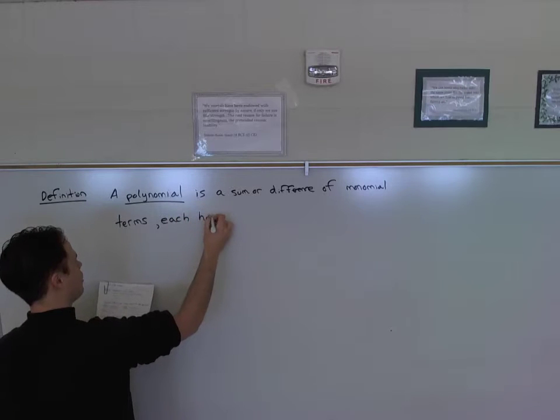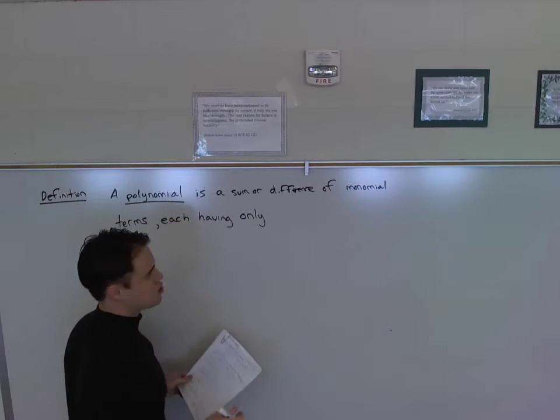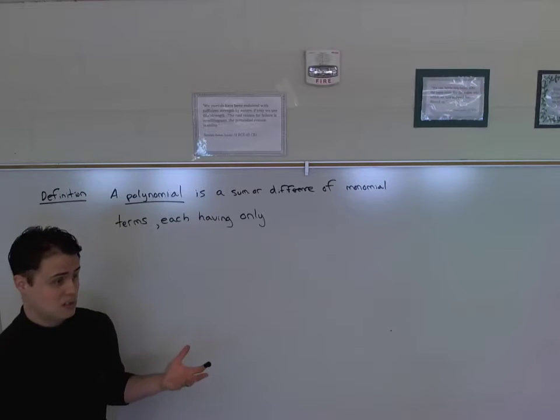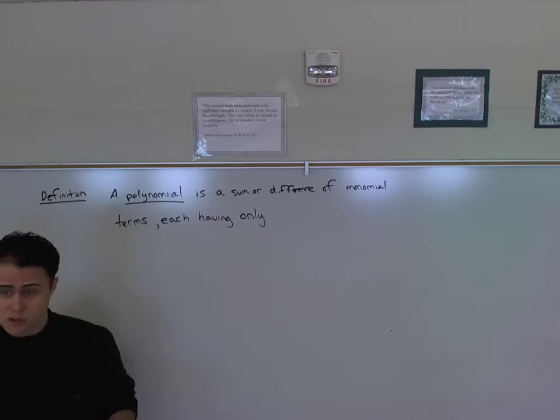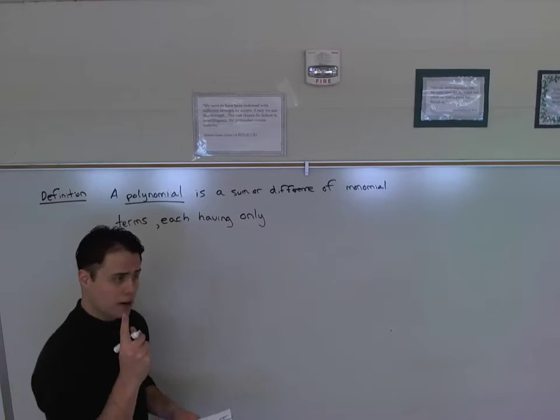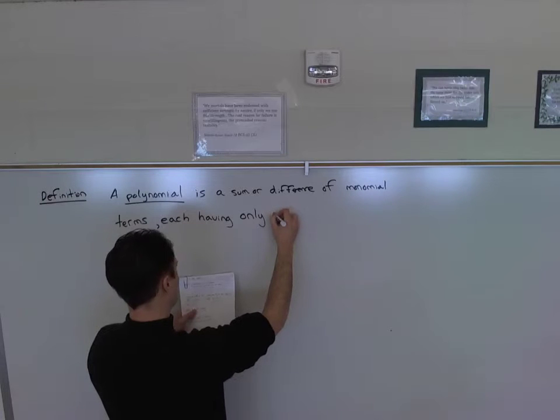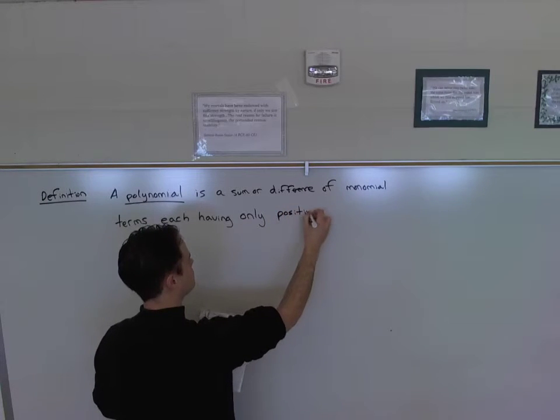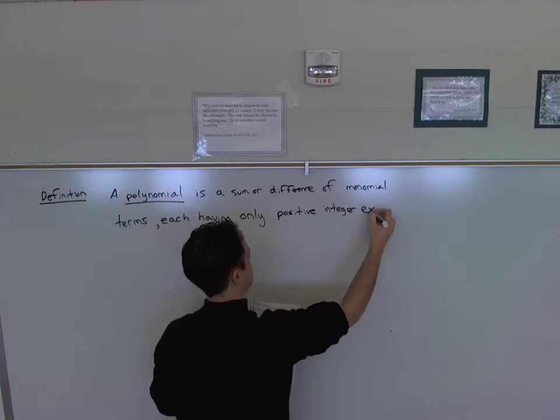Each having only, so a monomial is like a term, like x squared is a monomial, for instance, or even just x, that's a monomial, or 2x, or 7x squared, or pi x squared. Those are all monomials, one term, right? The key to be a monomial is that you only have positive integer exponents.